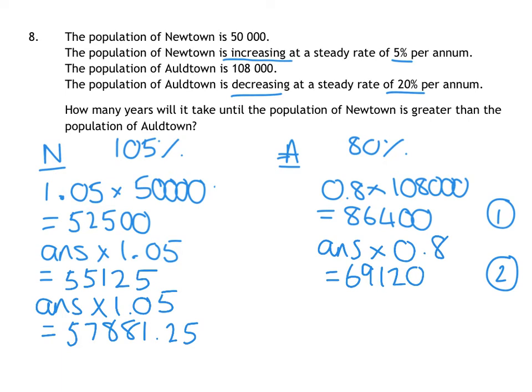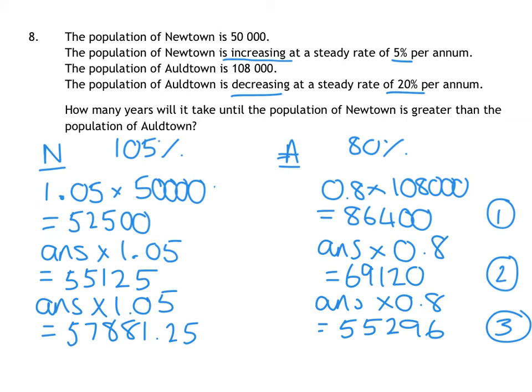And this one gives you, for your third year, if you times your answer by 0.8 again, it gives you 55296. So you'll notice on year 3, 55,000 is suddenly less than the 57,000, so it will take 3 years for your conclusion for that one. Okay, so it'll take 3 years for Newtown to overtake Old Town. That's a lengthy one, not asked one for a long time.